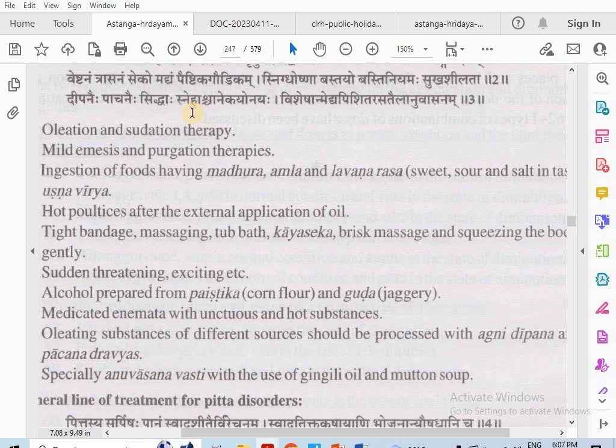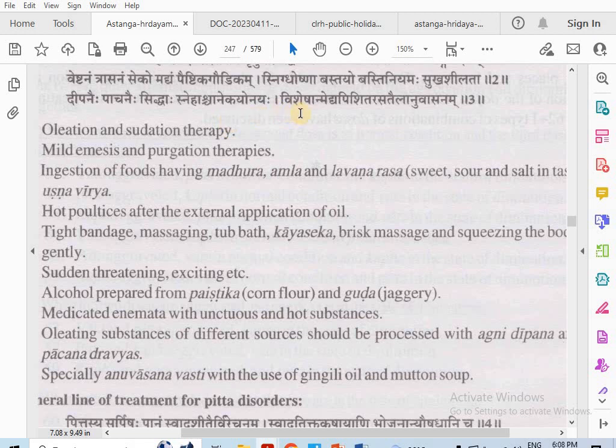Sneha means oleating substances, and anekayonayah from different sources. Clear? Here first visarga sandhi, visarga changes to sa. Sneha plus cha plus anekayonayah. Sneha ends with visarga, cha means and, and anekayonayah: aneka means many, yonayah means sources. So consume that kind of substance that increases your hunger and digestion system.